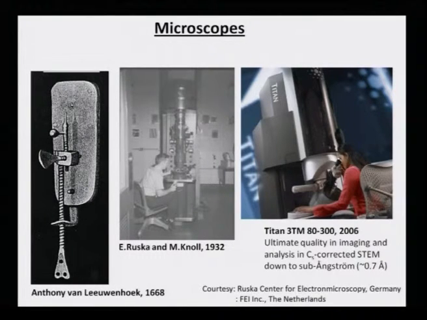Obviously, Ruska and Knoll's contribution is extremely huge as far as the first microscope is concerned. But from 1932 to 2006, in about 80 years, transmission electron microscopes have seen a drastic development.